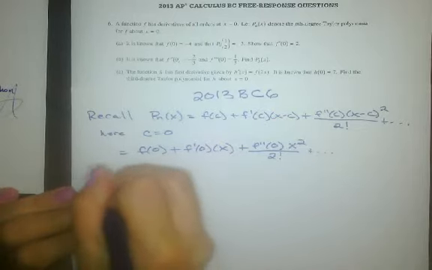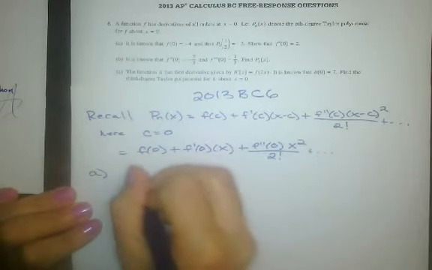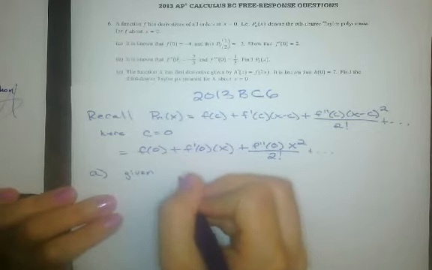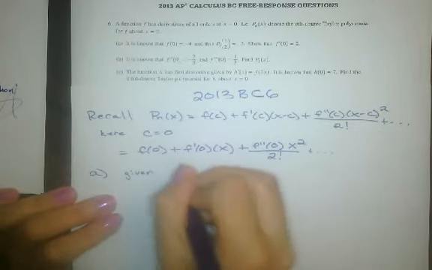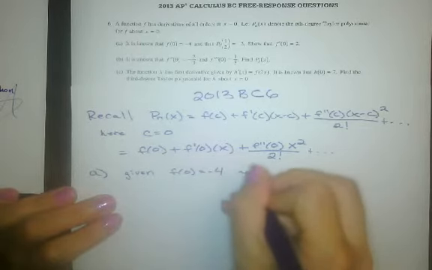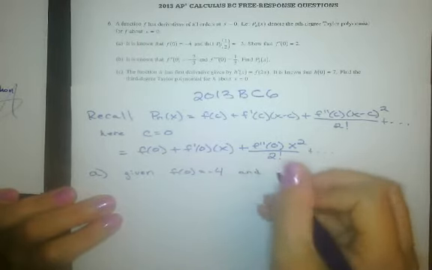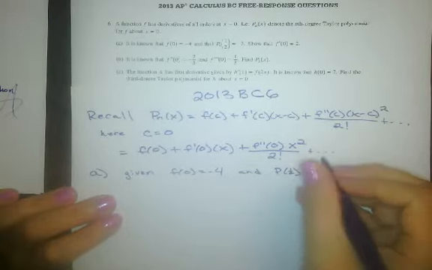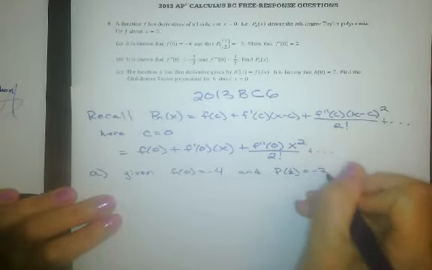So for part A, we're given two pieces of info: f of 0 equals -4, and the polynomial at 1/2 equals -3.